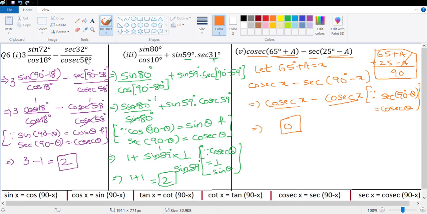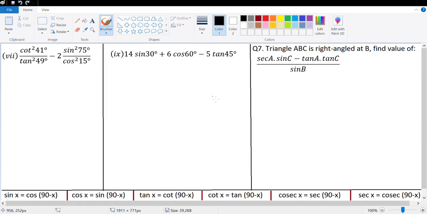The next question that we do is question number 6, part 7. It says cot square 41 degree upon tan square 49 degree minus 2 sin square 75 upon cos square 15. So 41 and 49 are complementary. Similarly, 75 and 15 are complementary.